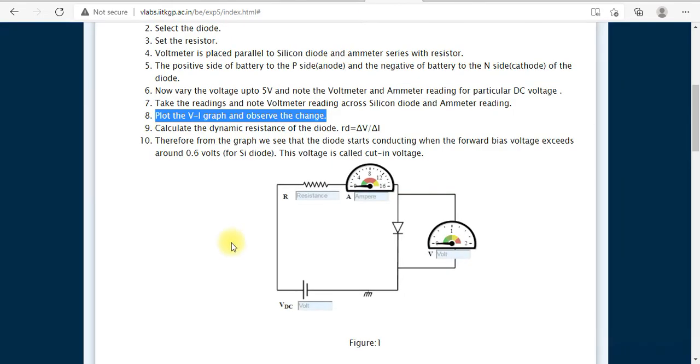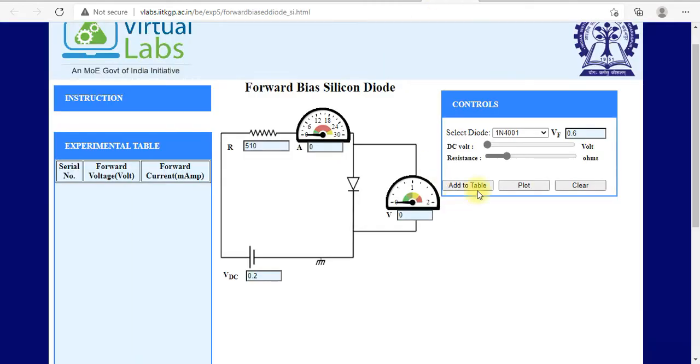Now we will increase the voltage up to 5 volt. This is the voltage, and now I am increasing it. Look here: the DC volt is 0.9. Current is 0.55. Add to table.